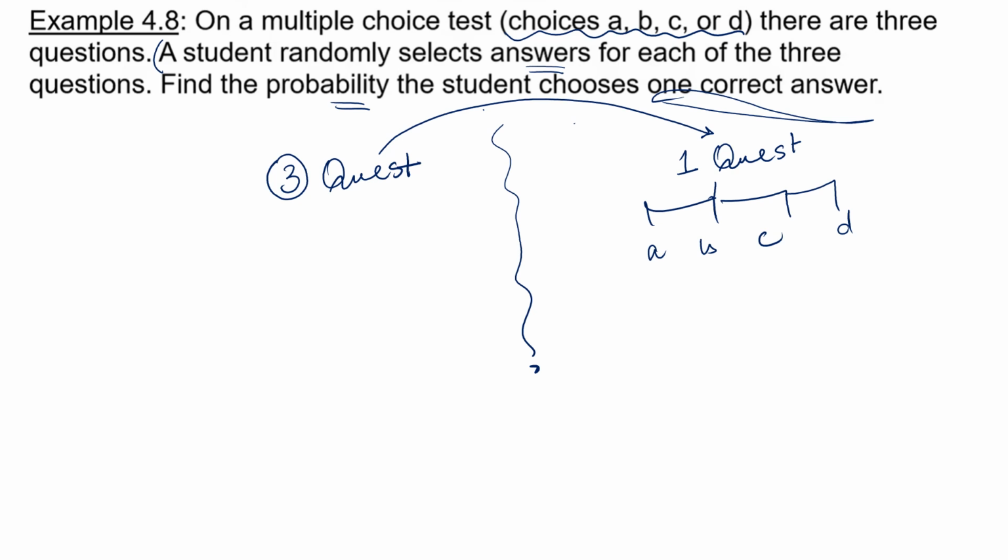It means you have to first of all see that out of the 3 questions, how many correct answers he chose? From the first situation, out of 3 questions, he selected one correct answer.